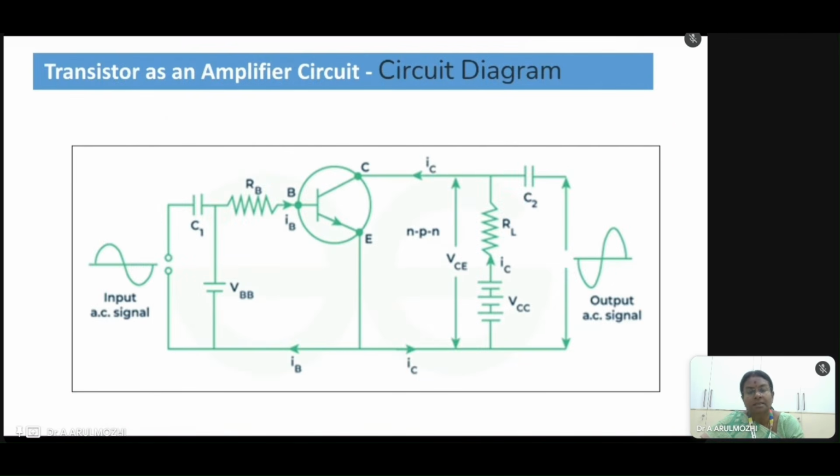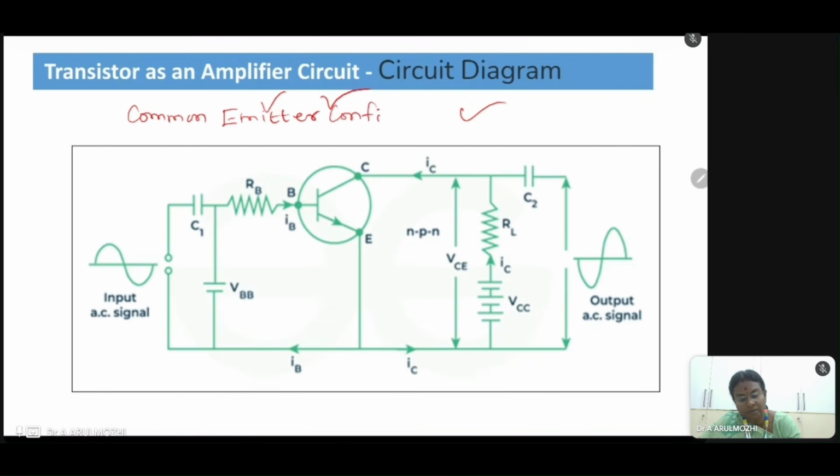Next, transistor as an amplifier circuit diagram. The same NPN transistor we are taking. In addition to this, we have added capacitors. Input signal and output signal are shown in the diagram. In the transistor as an amplifier circuit, usually we use the common emitter configuration.